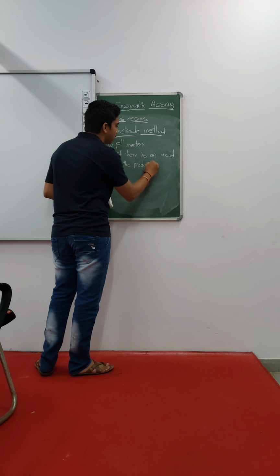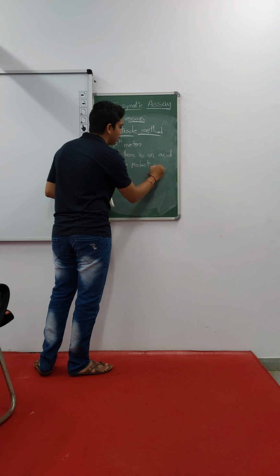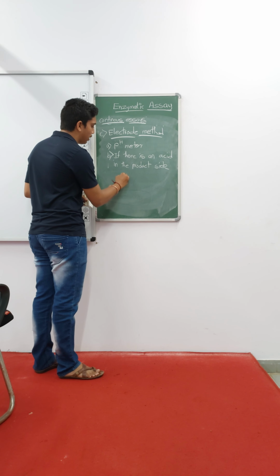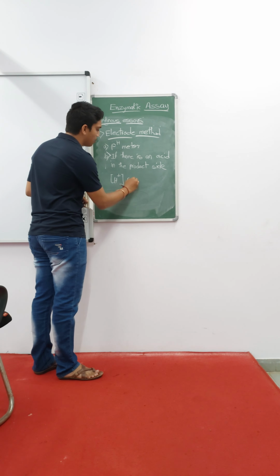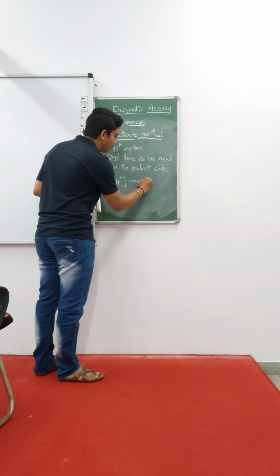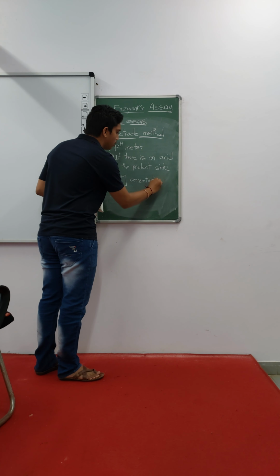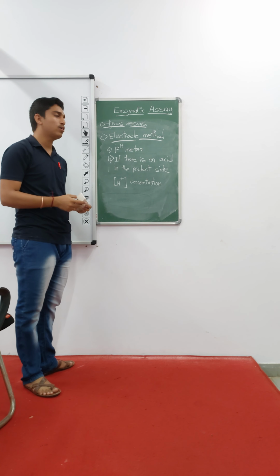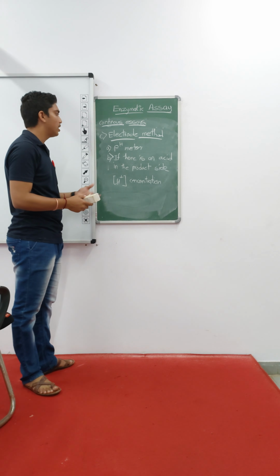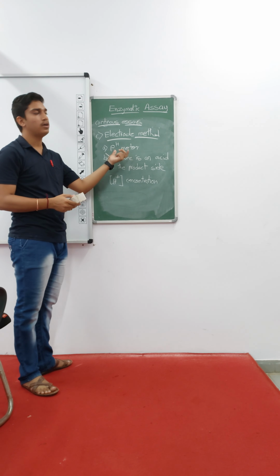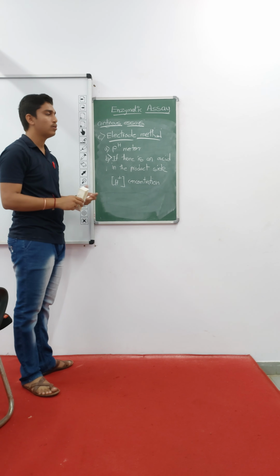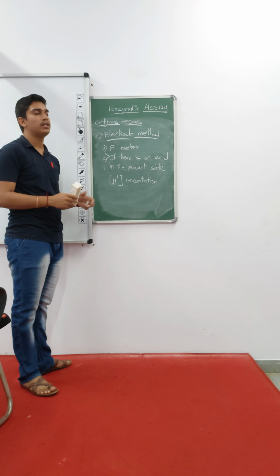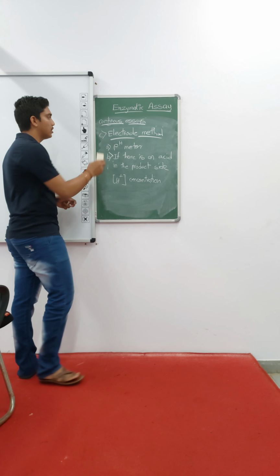If your reaction involves the formation of acid, then only you can use this method, because here we will be finding the H plus ion concentration. Based on H plus ion concentration, we will say whether the reaction is happening or not over a period of time. Here the pH meter is very sensitive, so it needs to be calibrated. If the acid is not forming on the product side, then we cannot use the electrode method.